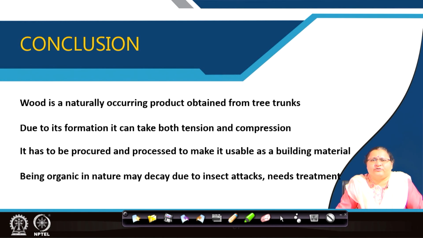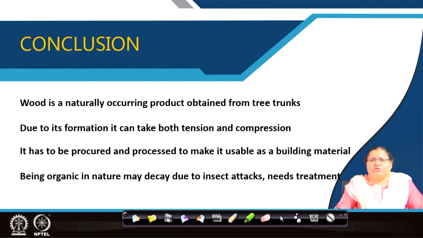And you have to be very careful that being an organic product, being a naturally occurring product, it is liable to decay due to attacks of insects, due to attacks of termites, which are very common, and it needs treatment.